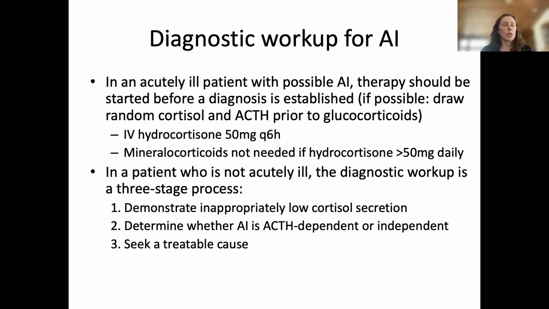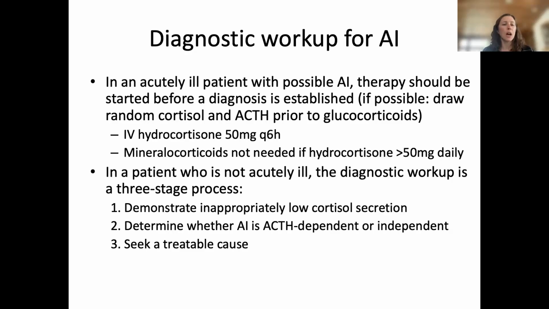Stress dose glucocorticoids, which we'll cover in greater depth later in this workshop, have no standard regimen, but you could try an IV hydrocortisone dose of 100 milligrams times 1 and then follow it with 50 milligrams IV Q6. Notably, mineralocorticoids for coverage in primary adrenal insufficiency are not needed if the hydrocortisone dose is greater than 50 milligrams daily, because that dose of hydrocortisone provides adequate mineralocorticoid coverage.